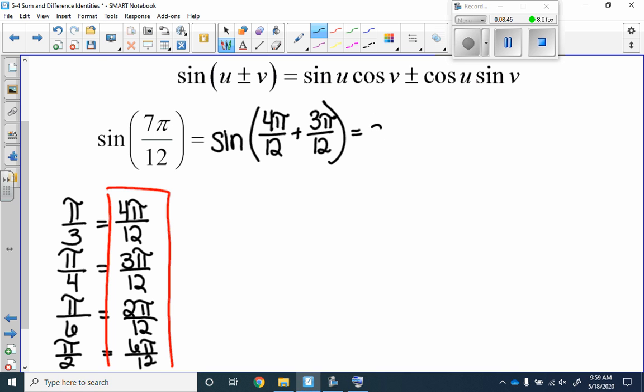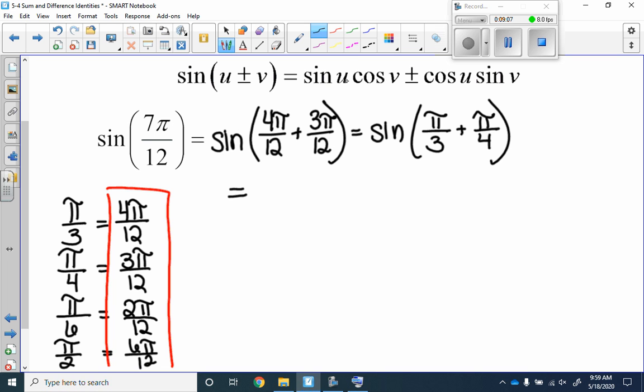So ultimately here we're taking the sine of pi over 3 plus pi over 4. Now, could I switch these around? Yes, you could do pi over 4 plus pi over 3. The only ones you have to be really careful about is when you're doing subtraction, because the order does matter.